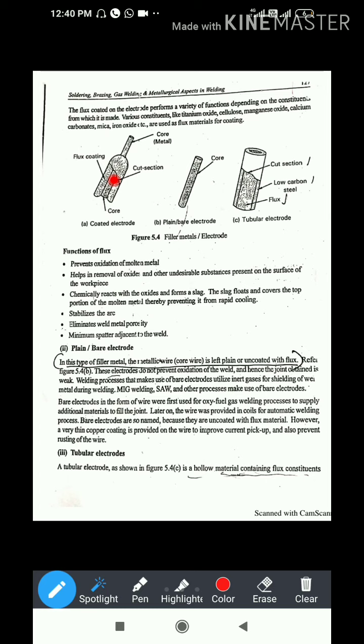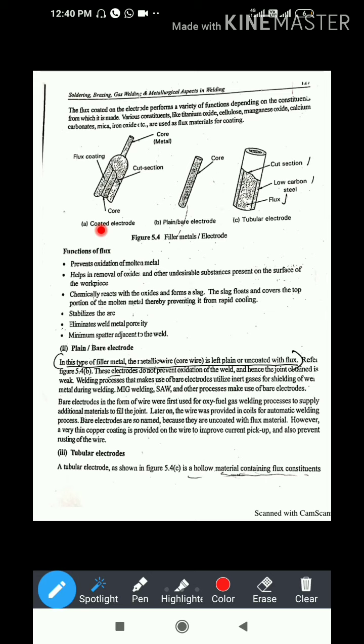Now what do we mean by flux? The flux is used for making a gas and sheltering the arc. In the previous classes I explained arc welding: the flux coating is done on the electrodes, with the help of whose metal the arc is generated.